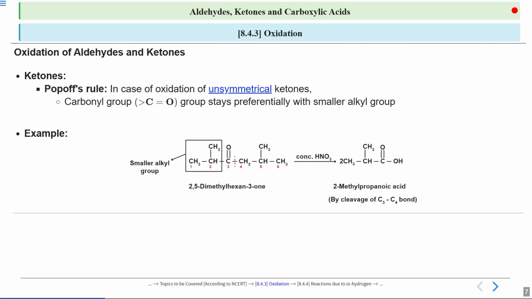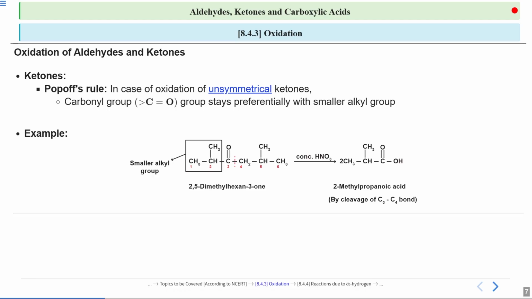This is an unsymmetrical ketone, as both the left and right side groups are different. One alkyl group has only 3 carbons, and the other alkyl group has 4 carbons. As I said, according to Popov's rule, the carbonyl group will prefer to stay with the smaller alkyl group.